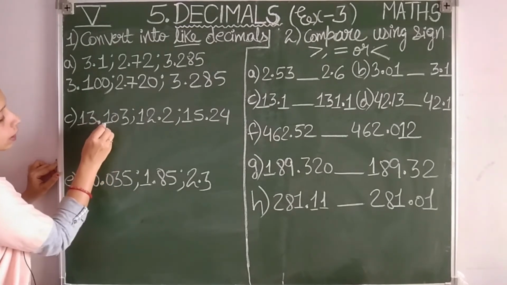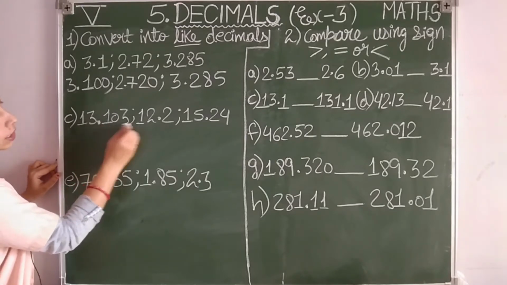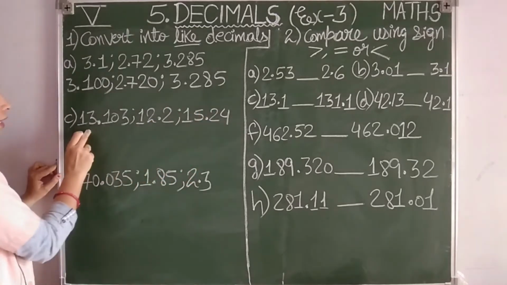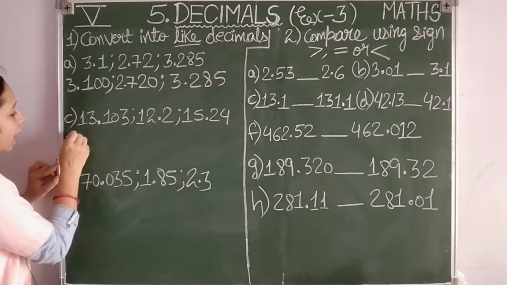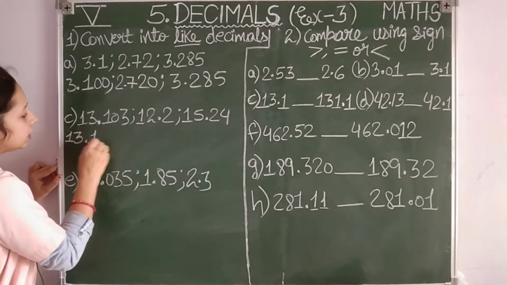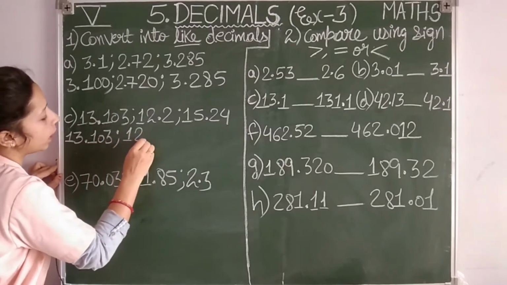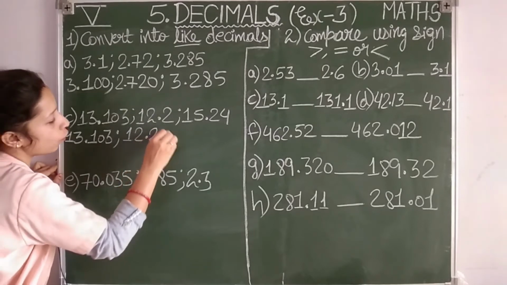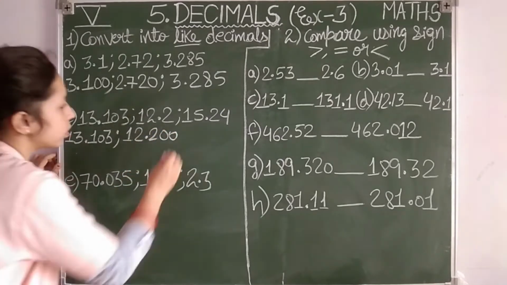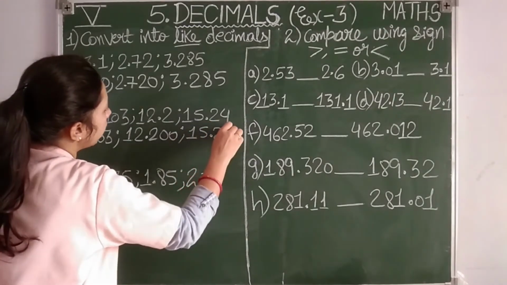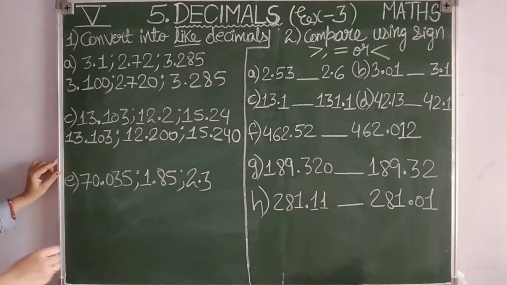After the point tenths, hundredths, thousandths, again tenths only, here tenths, hundredths, means this one is the highest. So we have to write each number with the thousandths place. 12.2, here only tenths is there, so for hundredths and thousandths I have written 2 zeros. Then here tenths is there, hundredths is there, now thousandths with 0.